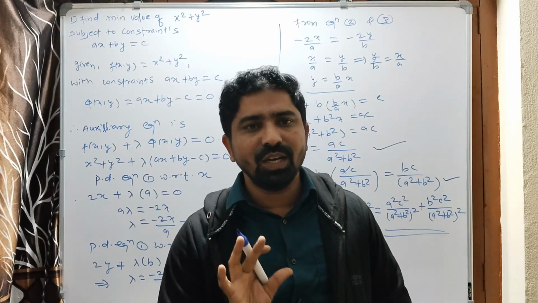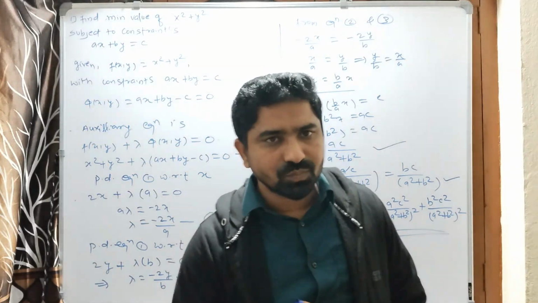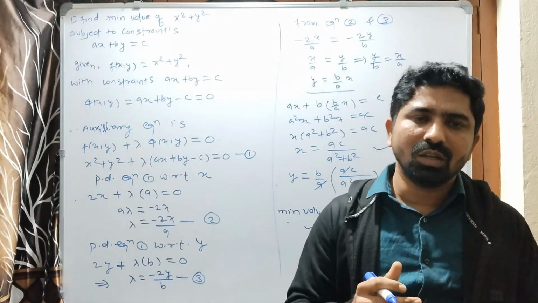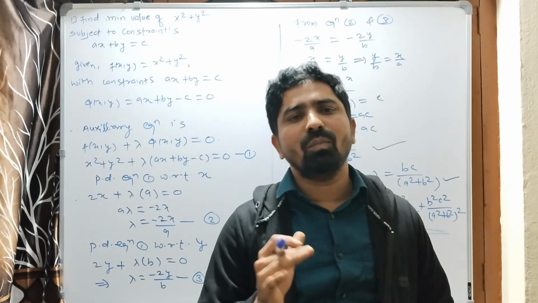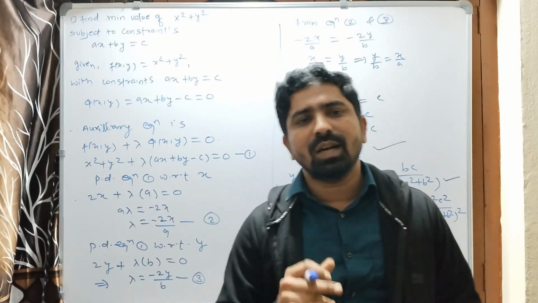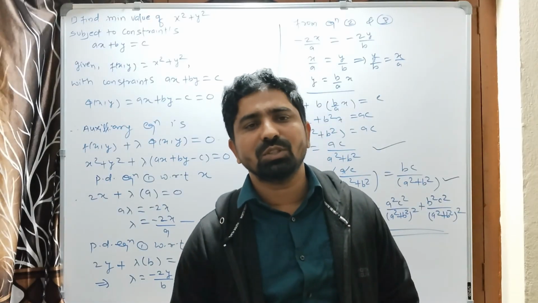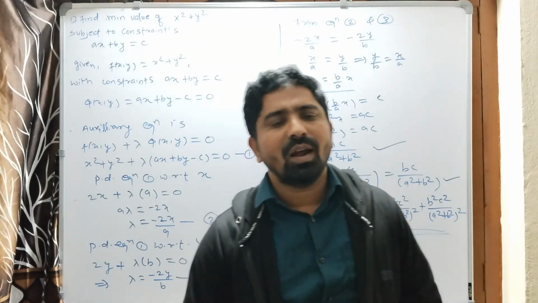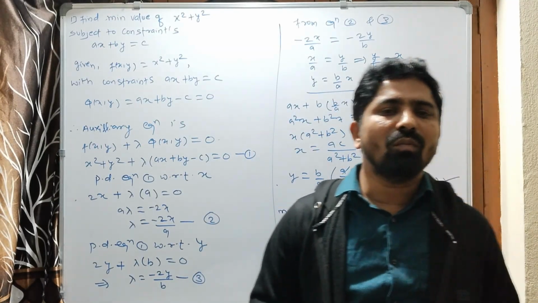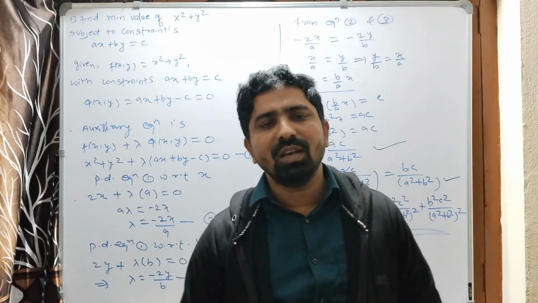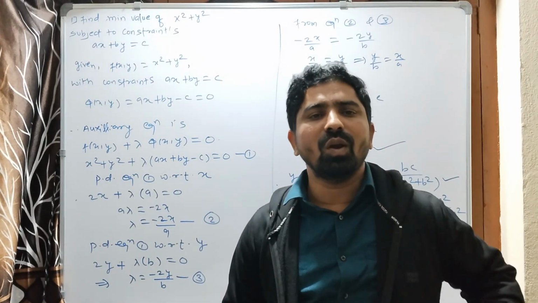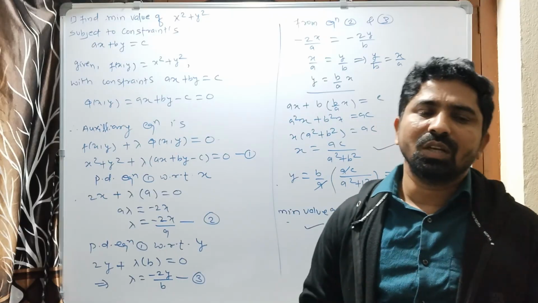For that purpose we need to create the auxiliary equation f of x comma y comma z plus lambda times phi of x comma y comma z equal to 0. That lambda is your Lagrange's multiplier. Partially differentiate that equation with respect to x, y, z, and try to eliminate the value of lambda.